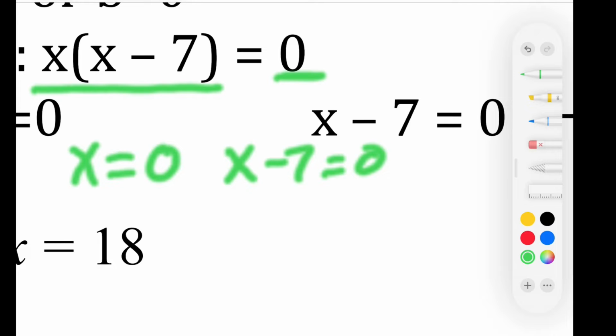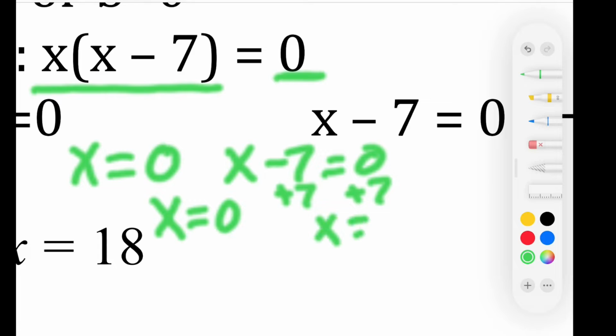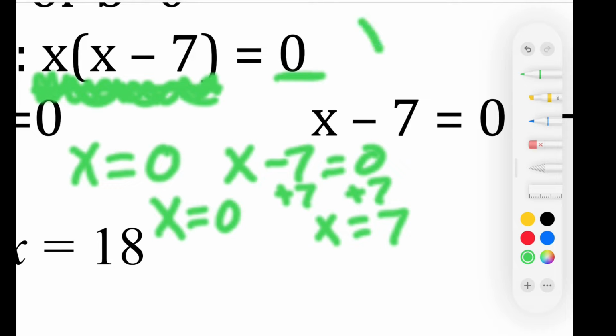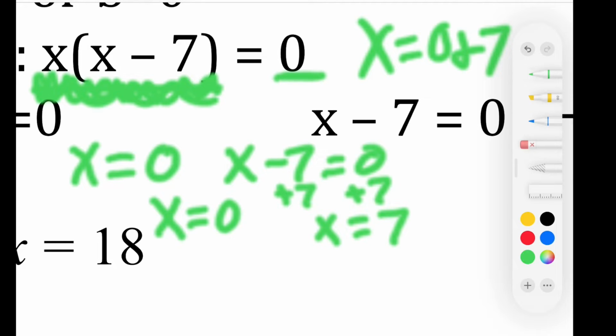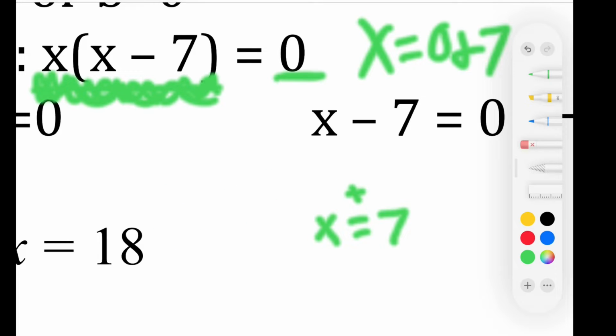Either way, we would have x equals 0, then on the inside we would solve for x, so x would equal positive 7. So the solutions for x are 0 and 7. That's basically all the zero product property is talking about.